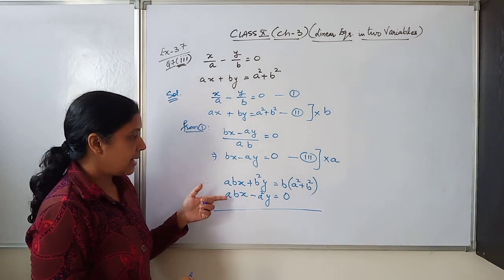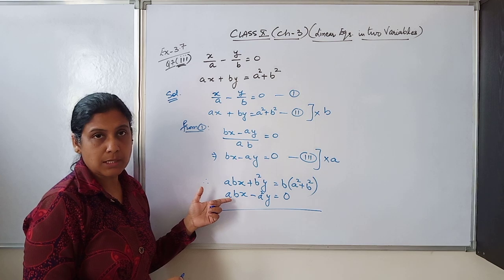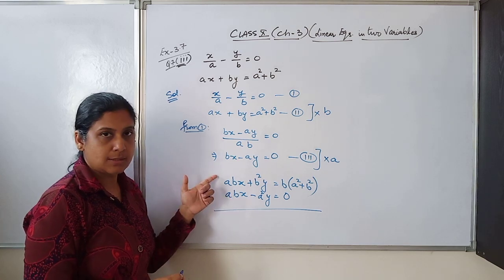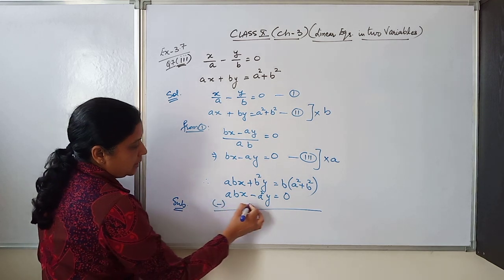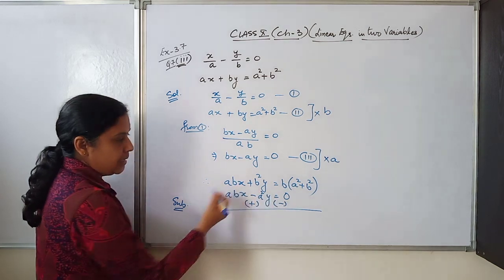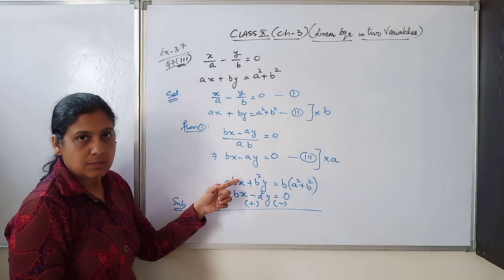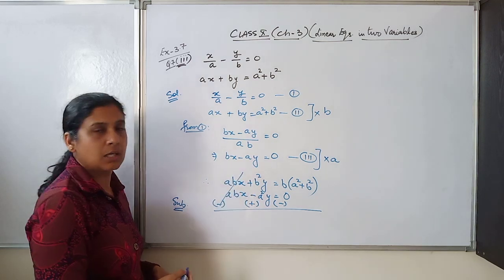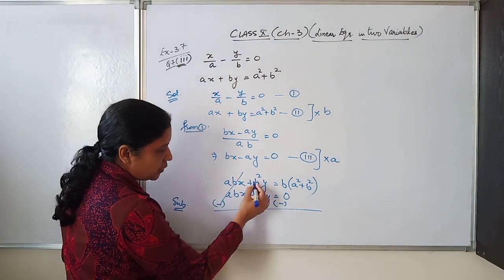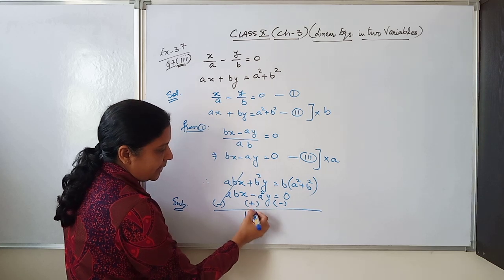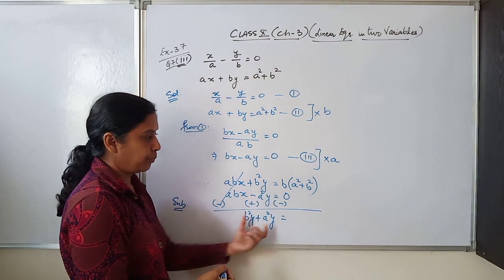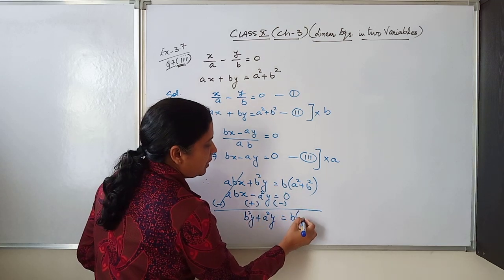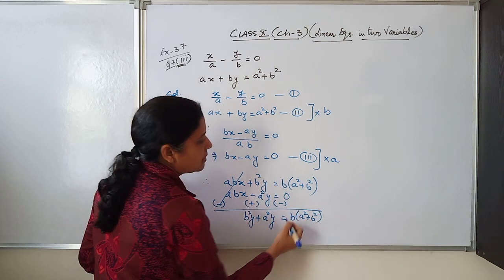As you have seen, the coefficients of x have been equated and they are of the same sign, positive, positive. So we must go for subtraction. When we change the signs, abx positive cancels with abx negative, and we are left with b square y plus a square y on LHS is equal to b into a square plus b square.